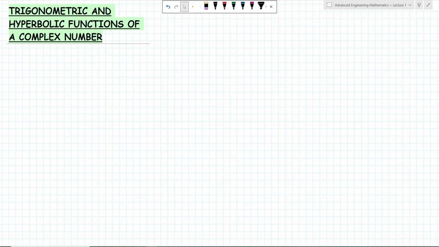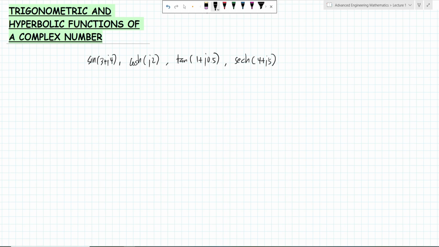In complex numbers, we will encounter such problems, like evaluating the sine of 3 plus j4, the cosine hyperbolic of j2, the tangent of 1 plus j0.5, and the secant hyperbolic of 4 plus j5.